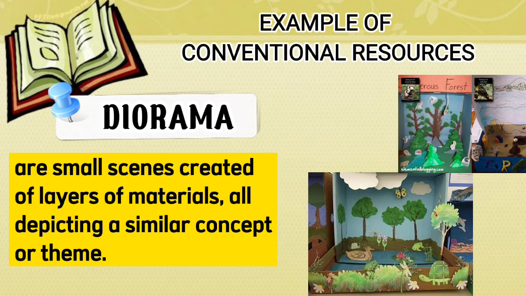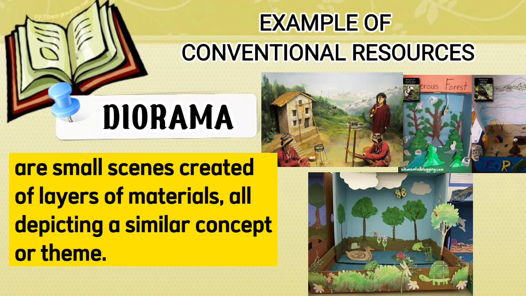Diorama is often used as a learning tool to help show a student's understanding of a certain subject matter. So a diorama is a three-dimensional descent used to creatively express learning. The usual displays are a historical time period, a nature scenario, or a fictional situation.